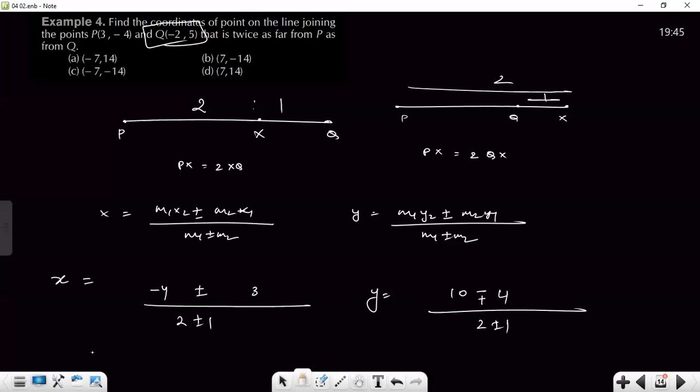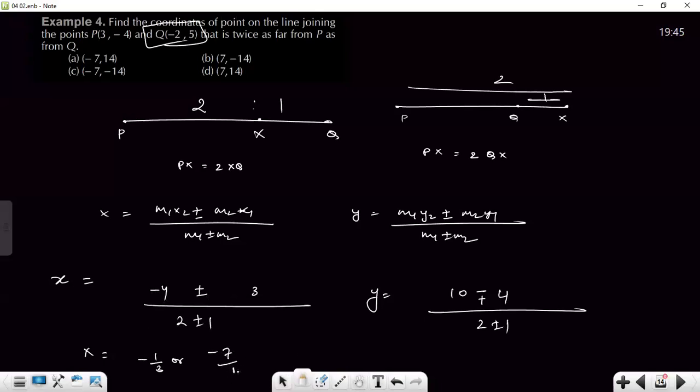Okay. So let's find out both x values. First, considering the plus value: minus 4 plus 3, minus 1, divided by 2 plus 1, that is 3. Or considering the minus sign this time, the second case: minus 4 minus 3, that is minus 7, divided by 2 minus 1, that is 1.